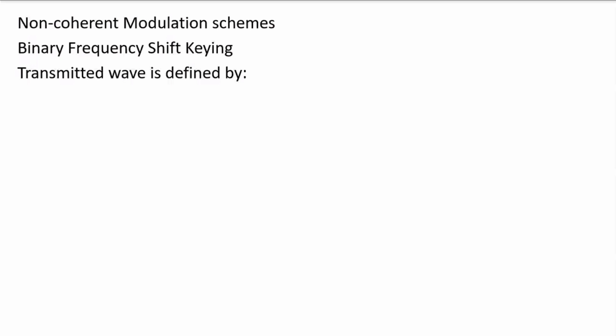So you know binary frequency shift keying, right? If the binary symbol is 0, the carrier will take one frequency, and if the binary symbol is 1, the carrier will take another frequency. The two frequencies are taken in such a way that they are orthogonal to each other in a symbol duration.